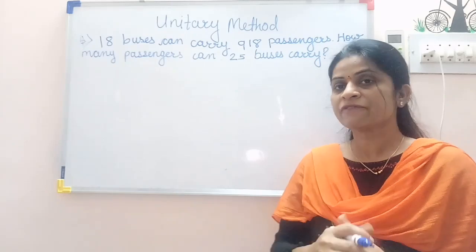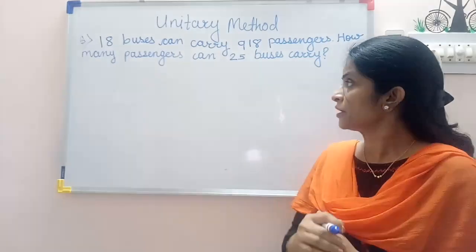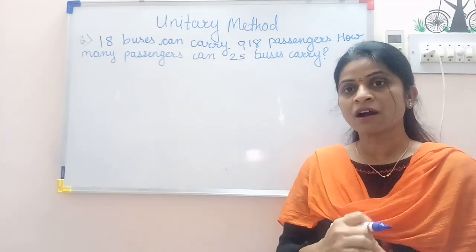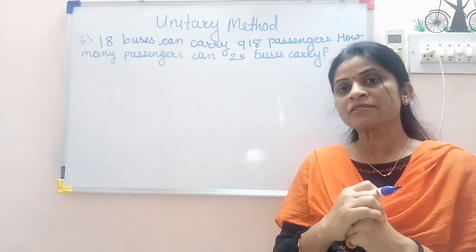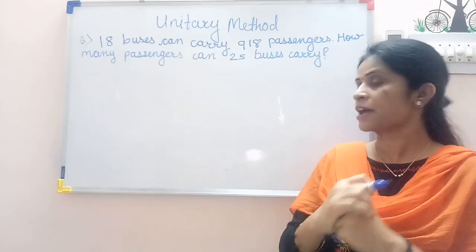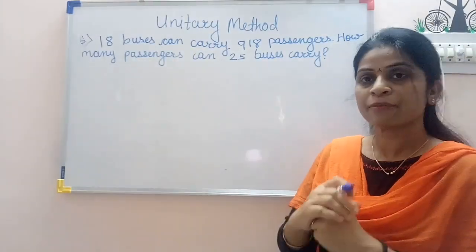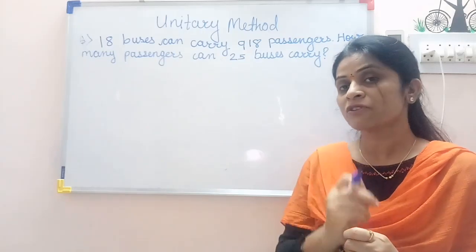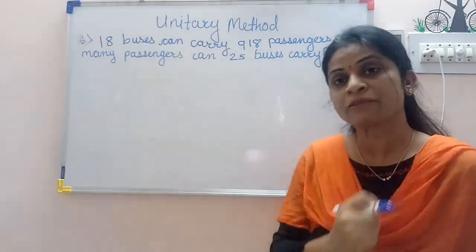Now we will see one more example that 18 buses can carry 918 passenger. How many passengers can 25 buses carry? Now here number of passenger in 18 buses are given, and now we have to first of all find out the number of passenger in one bus.